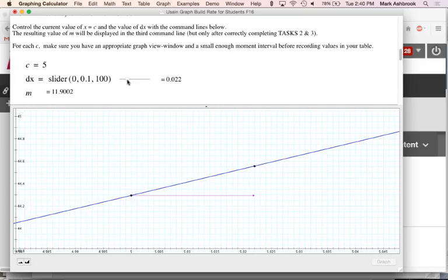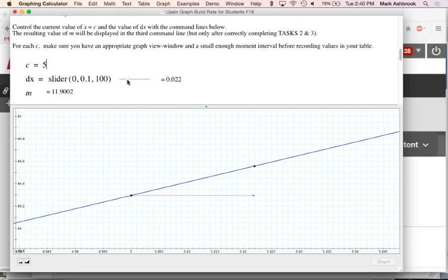So in your table, you might have a different dx. My moment would be, say, 4.985 to 5.04. I could write that interval. You could have something slightly different. dx I have set to 0.022. My first correspondence point would be 5, f of 5, and 5.022, f of 5.022.